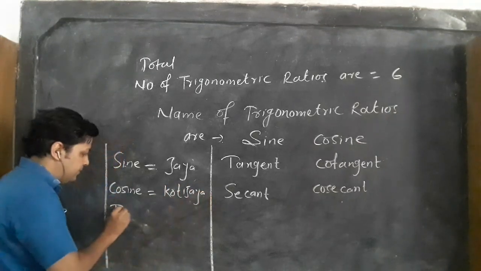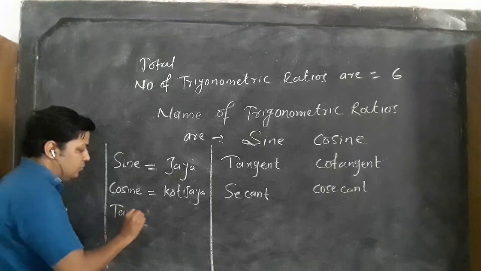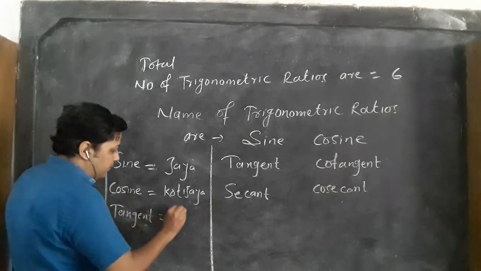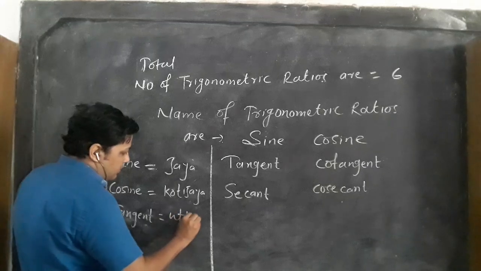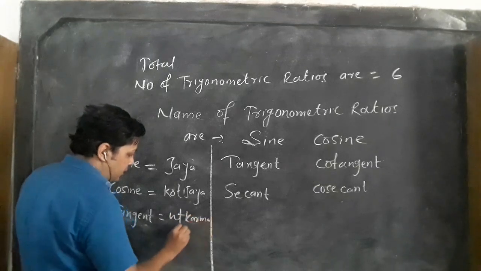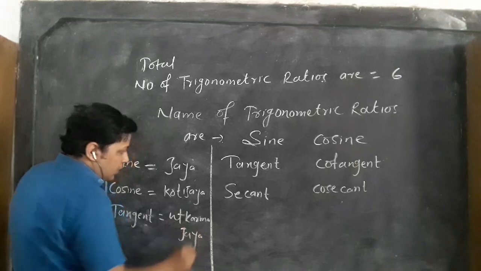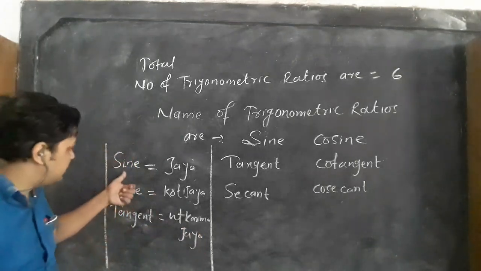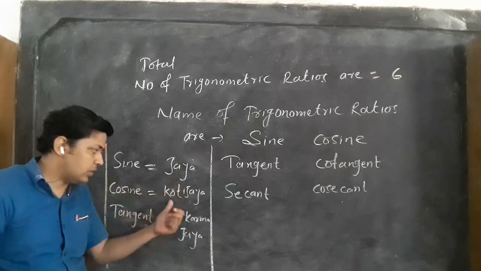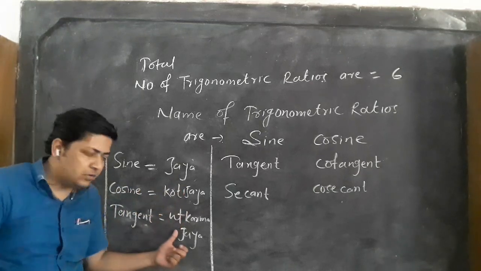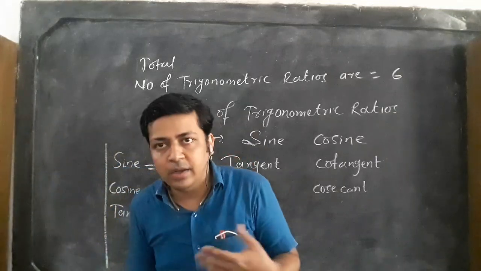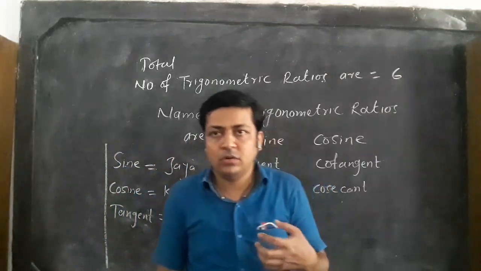Tangent was used as utkramjaya. These are Sanskrit words. So anciently sine was jaya, cosine was kotijaya, tangent was utkramjaya.